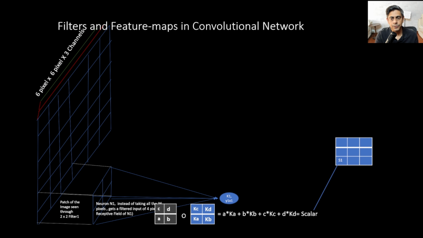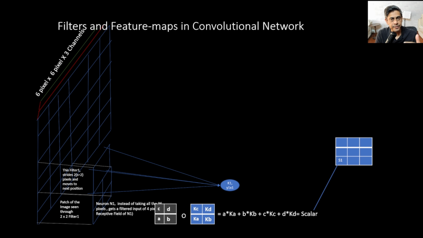Now let's move ahead. The scalar value we got after the convolution operation is stored in a place, and then the kernel slides. This is called the stride, and here it is a stride without any overlap. You can also do, suppose the stride size is 2, which is moving 2 pixels instead of 1.